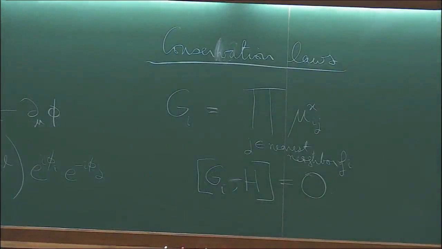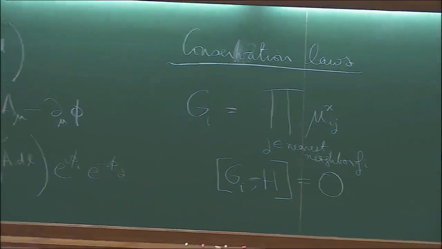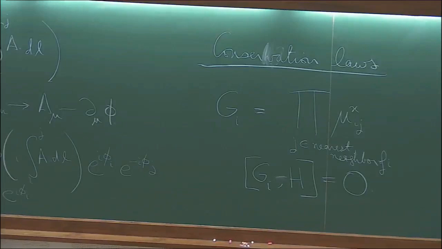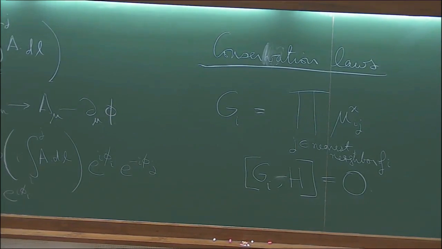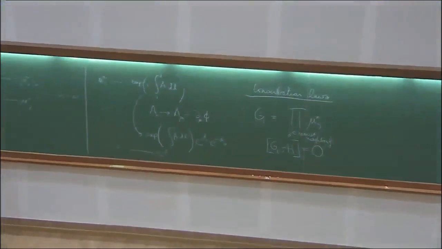Every one of them. Okay, what this is an analog of is Gauss's law in electromagnetism. You may know that Gauss's law, which is del dot E equals 0, this is pure electromagnetism. I haven't put any charges yet.